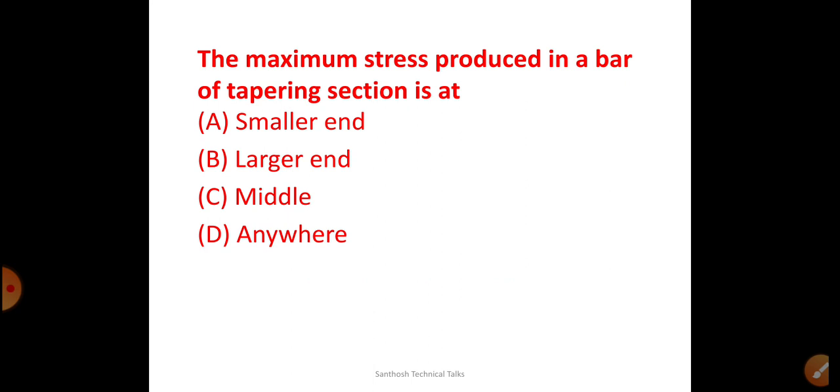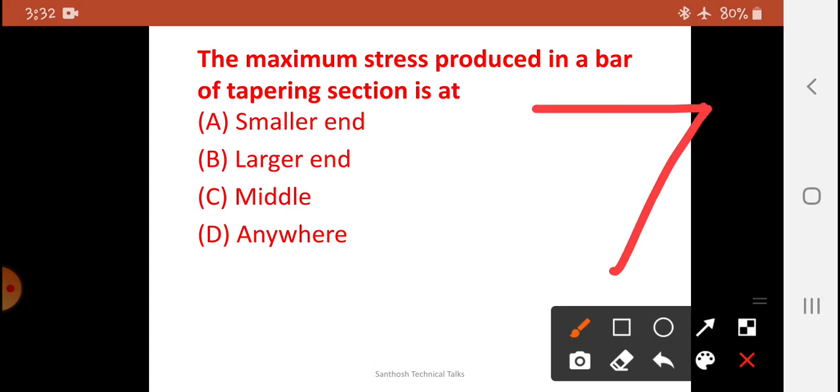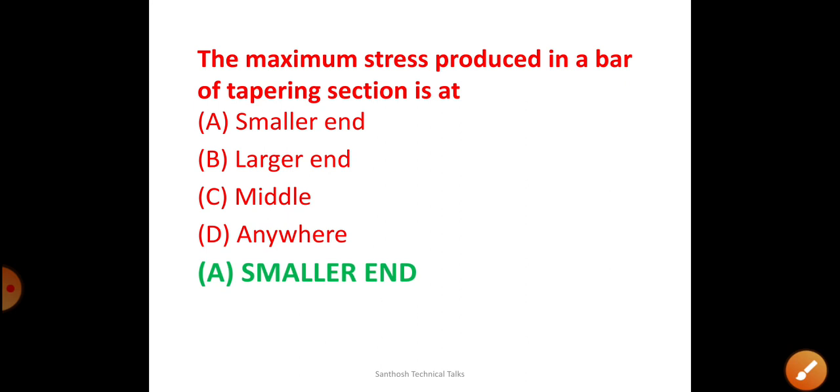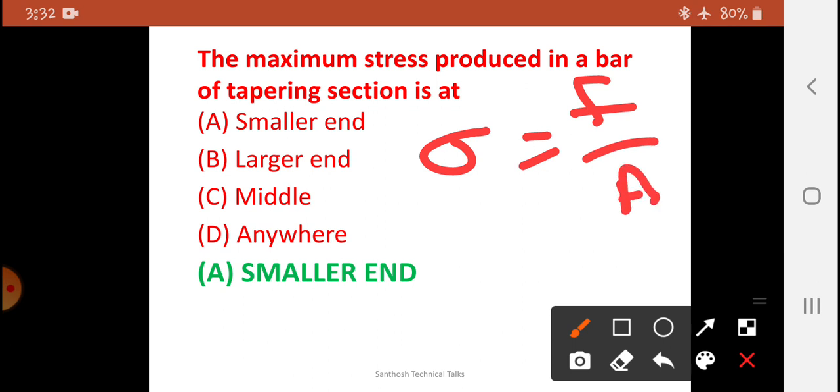Next, a very superb question. The maximum stress produced in a bar of tapering section is at. Consider this is a tapering section. If the load is acting like this, the maximum stress is produced at the smaller end, because stress is equal to force by area. Let me consider the force is common in the whole taper section.